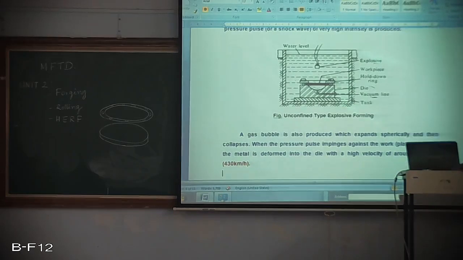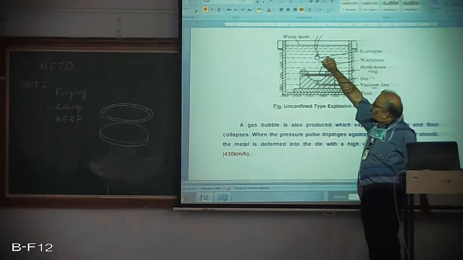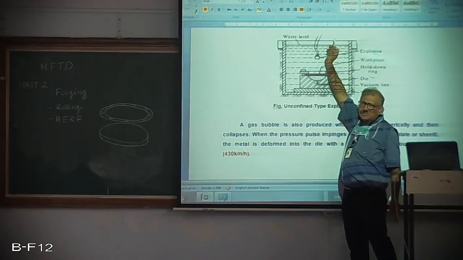The working principle is that a gas bubble is formed the moment the explosive is burnt.